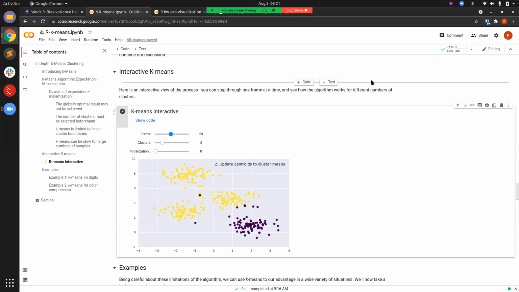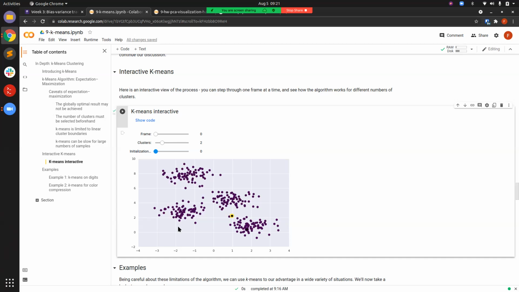We're repeating more iterations, but we're not assigning different points to cluster centers, and so their positions are not changing. So we can say these are the final clusters for this k-means iteration. Let's try it again with a different set of initializations.